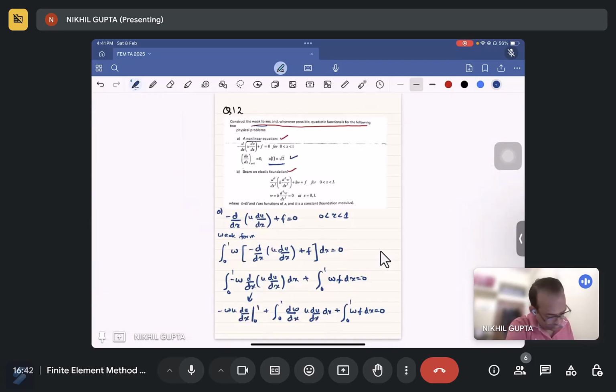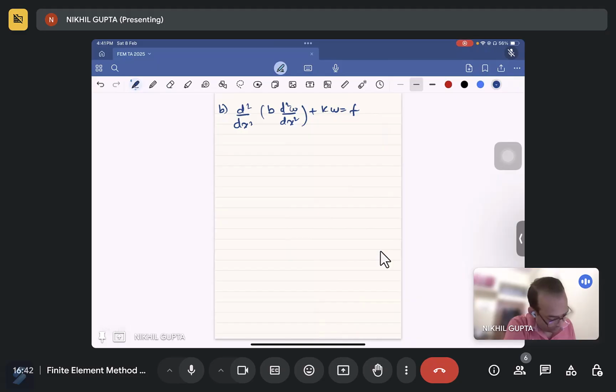Okay, so let's start solving the weak form. We multiply by the weight function w and write the residual: d2 by dx2 of d2w by dx2, plus k w, minus f.